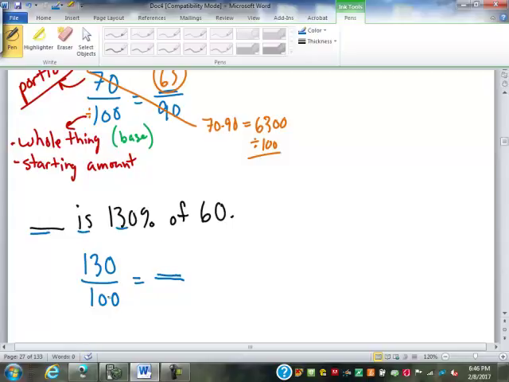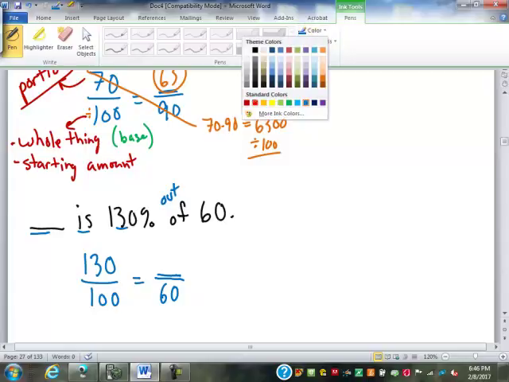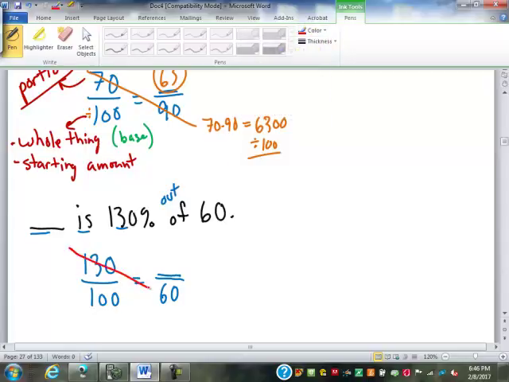Implies that our missing number matches up with the 130. Of 60, once again, can be read as out of 60. Implies 60 is on bottom. And once again, to find our missing number, cross multiply. 130 times 60 is 7,800. Divided by 100 is 78. 78 is 130% of 60.